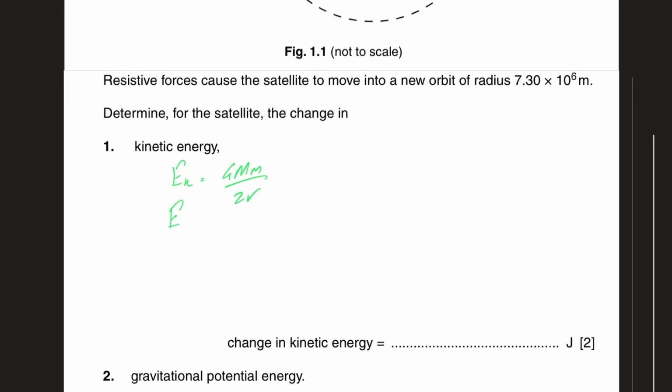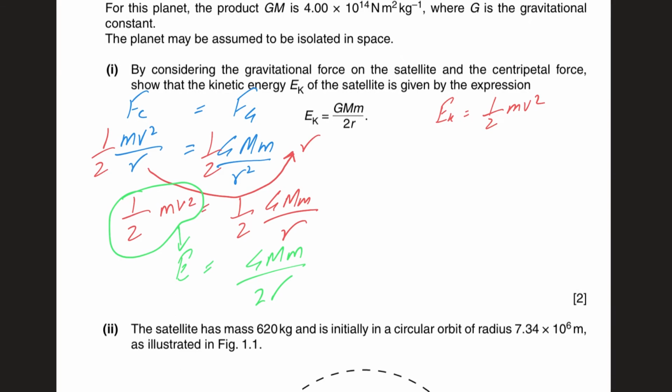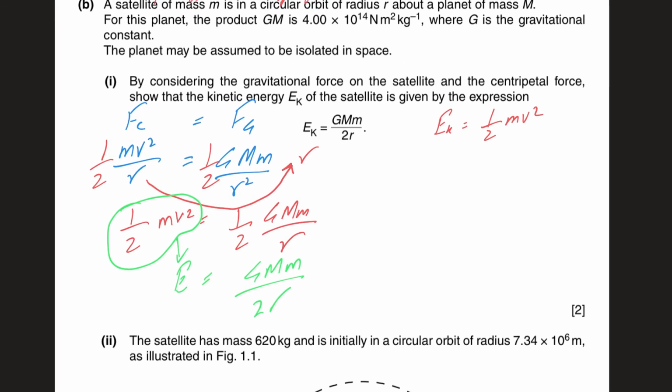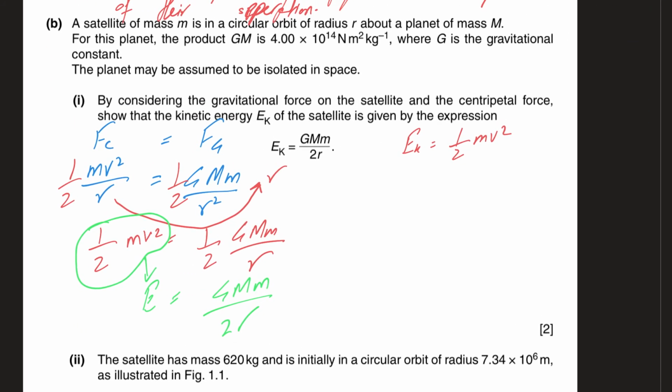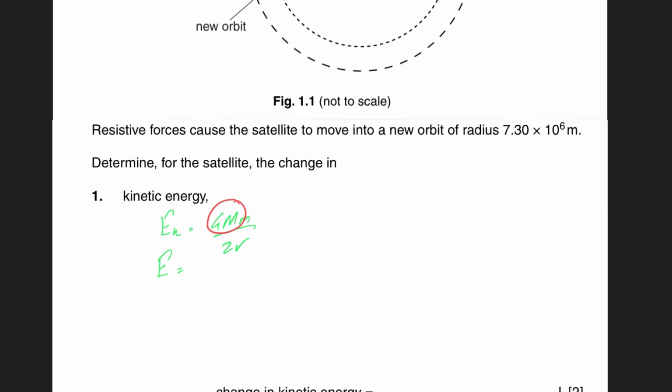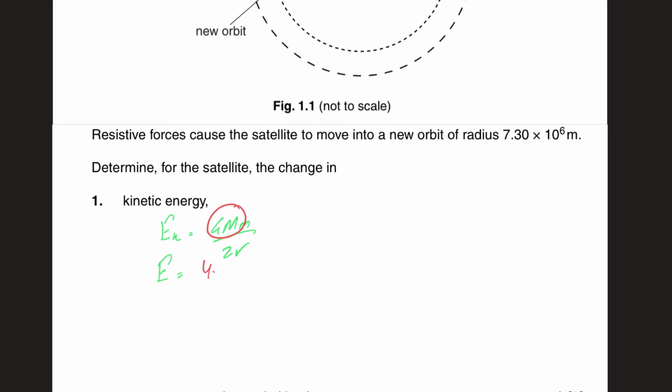We can do that directly, or we can break it up and then do it. So if you do it directly, we'll get Ek is equal to GM. This product of G and M as given in the question is 4.0 into 10 to the power 14. So I'll replace these two with 4.0 into 10 to the power 14.